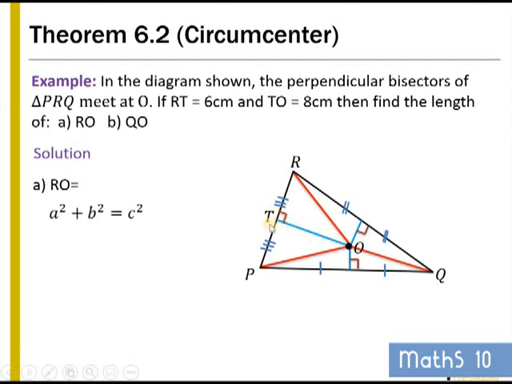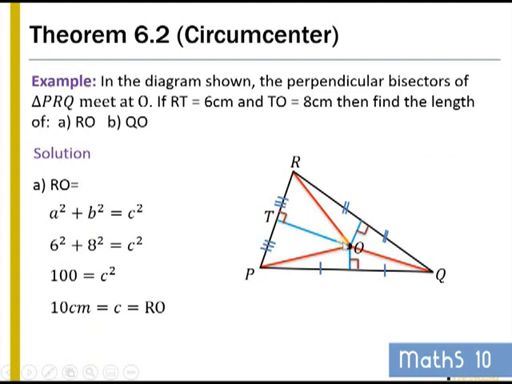So we can use Pythagoras' theorem, a squared plus b squared equals c squared. And we know that 6 squared plus 8 squared equals c squared. So 100 equals c squared. So c, which is this length here, RO, is 10 cm.